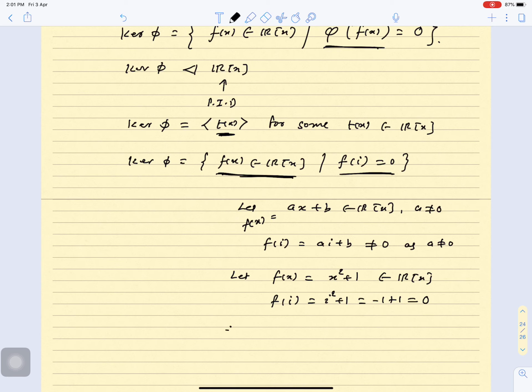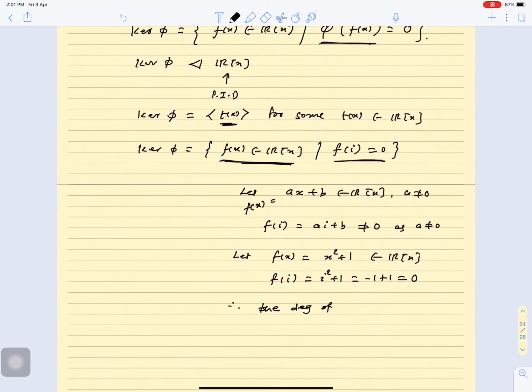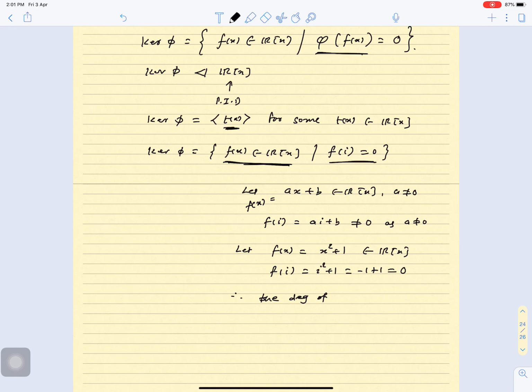So therefore the degree of the smallest degree polynomial in I is equal to 2, because a 1 degree polynomial will not be in I. A 1 degree polynomial will not be in the kernel.